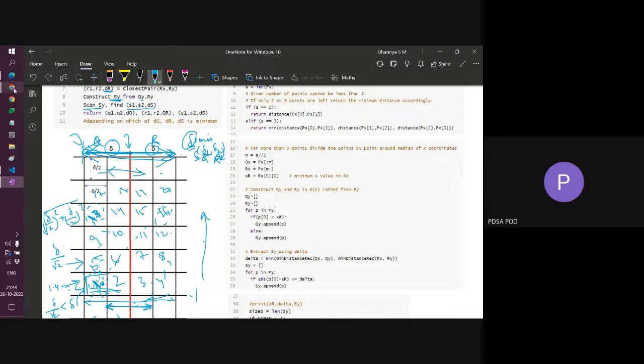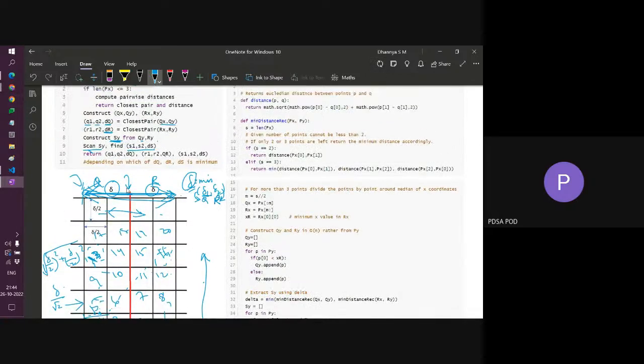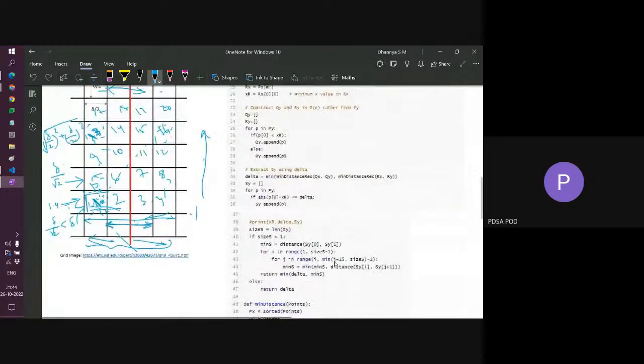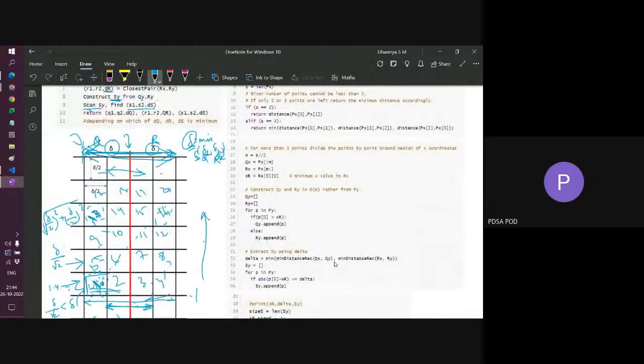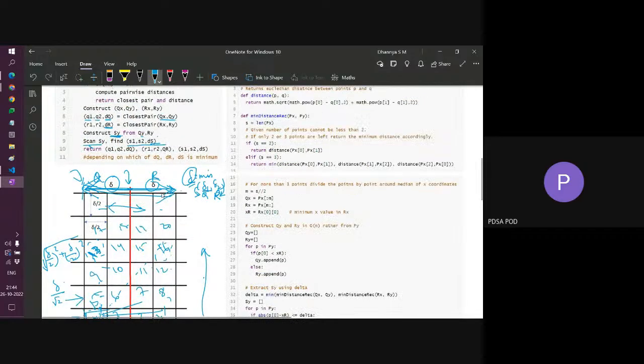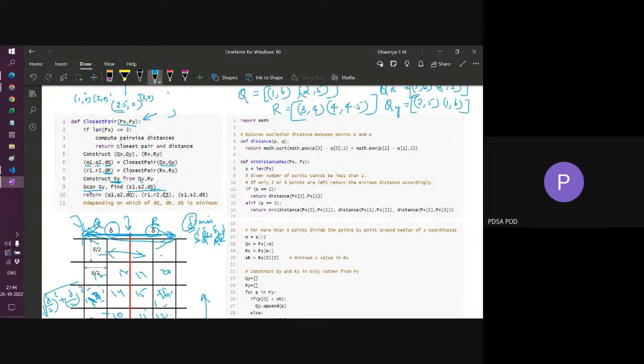You find it by comparing this point with this, etc. Right? So you find the shortest distance, which is the Ds. Now you return all these.